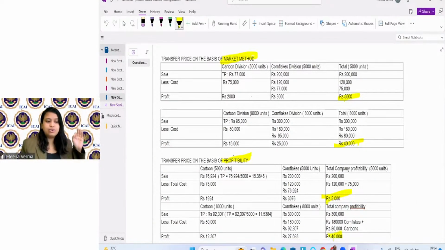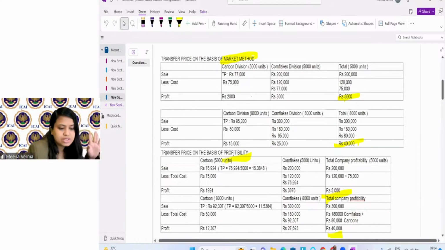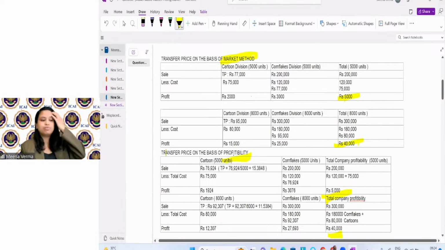Irrespective of what method you are following, the total profitability of the entire organization will remain the same. It is coming the same. You can see. And if you follow a different method, transfer pricing on the basis of market method, marginal method, negotiation method, whatever the method. If you use a different method for deciding the transfer price, what will happen? The profitability of each of the divisions may differ. Like here, 2,000, 3,000, you can see here, 1,900 and 3,000 something. So the profitability of each division may vary.